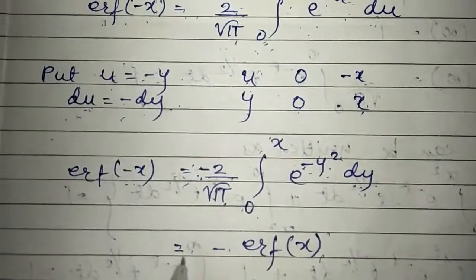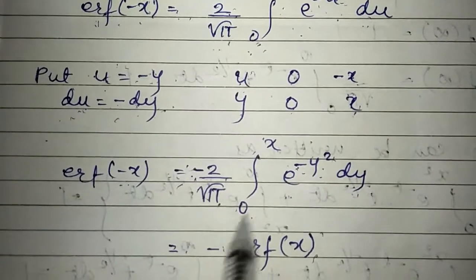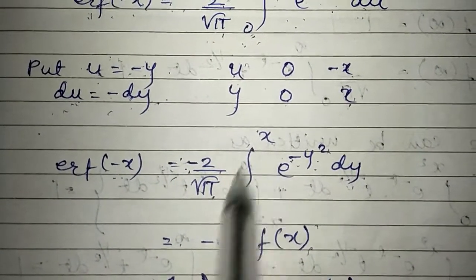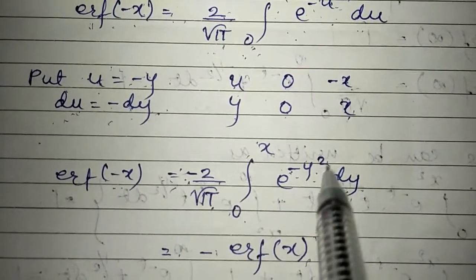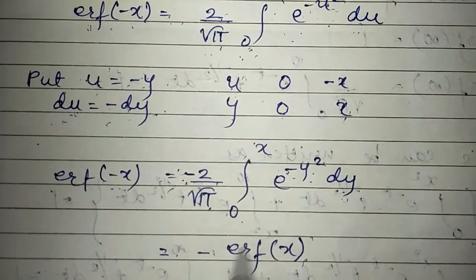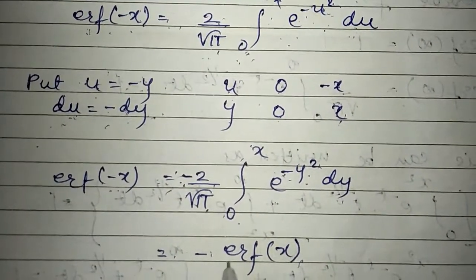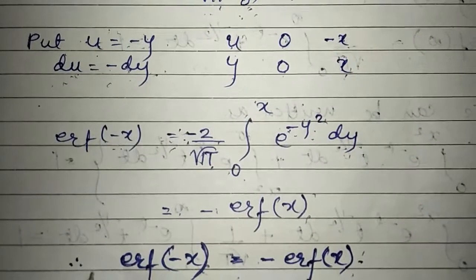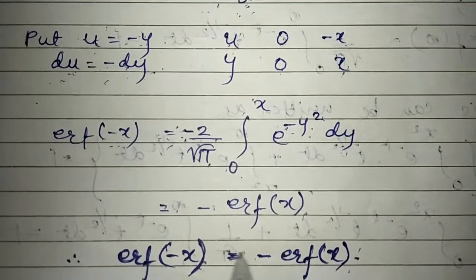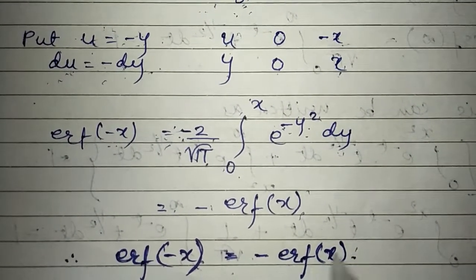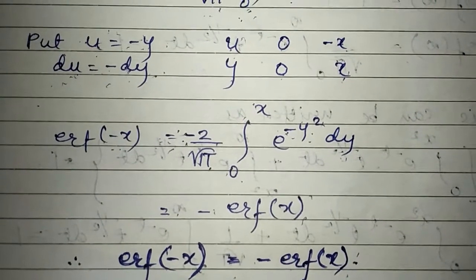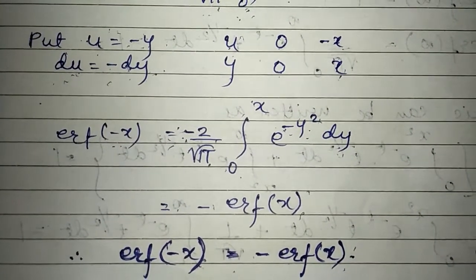So this is equal to what? Minus 2 upon root pi integral 0 to x e raised to minus y square dy. This is nothing but the error function of x. That means error function of minus x is equal to minus of error function of x. And we know the standard definition of an odd function.